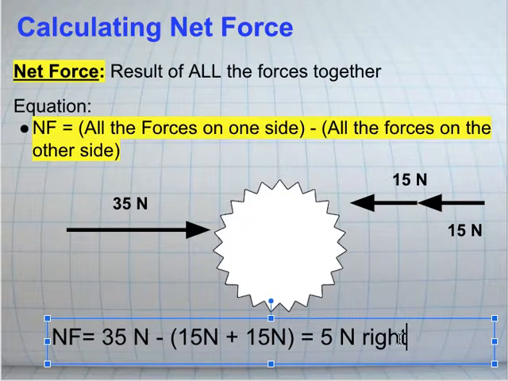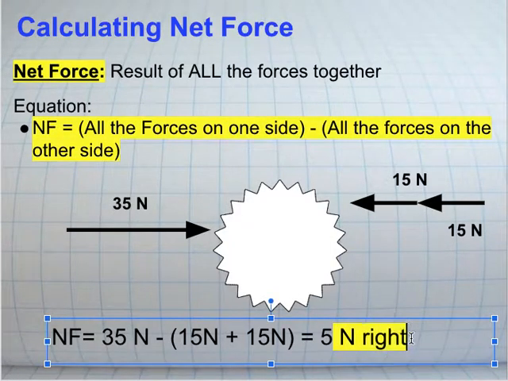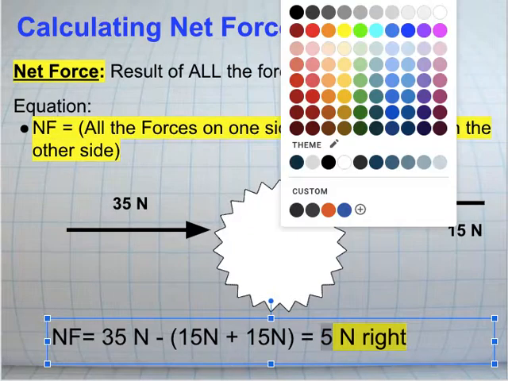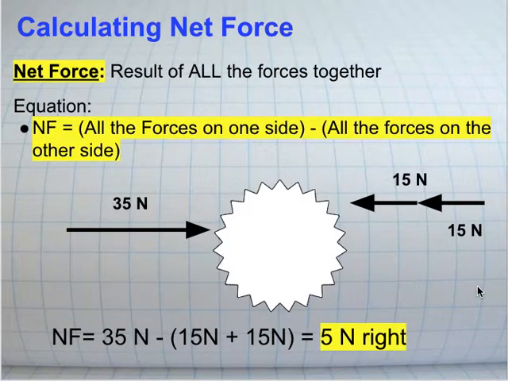So my net force would be 5 newtons to the right. That's how I would write it. My answer is net force equals 5 newtons to the right. When I put all these forces together, the object is functioning as if there was only one force pushing it to the right. And that's how we would calculate net force.